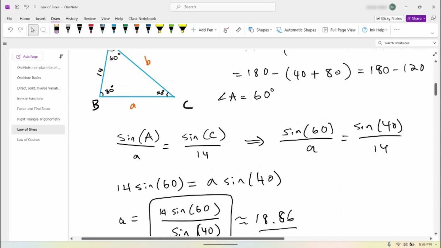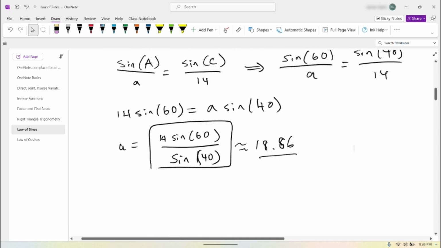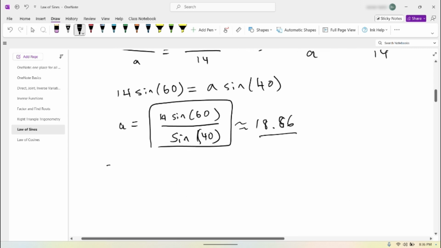Let's go for b using the angle C and its side again. So I can say sine of C over c equals sine B over b. I don't know what side c is, but I know the angle.